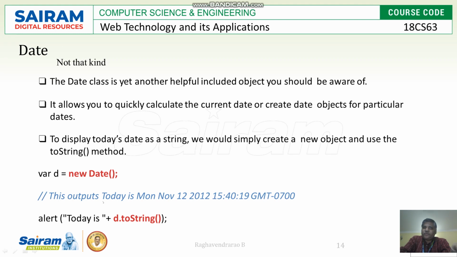If you take the date, it is going to display from this point, Monday, so and so. This is the example given here: day, month, date, as well as the time, hour, minutes, and seconds. alert today is, the system date it is going to take, d.toString. So the system date is going to be printed on the screen.